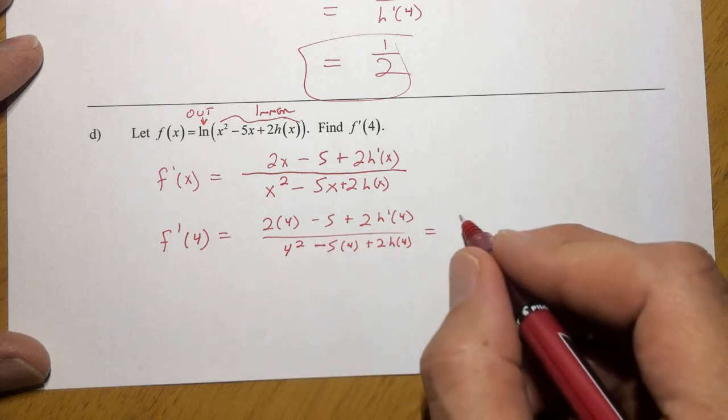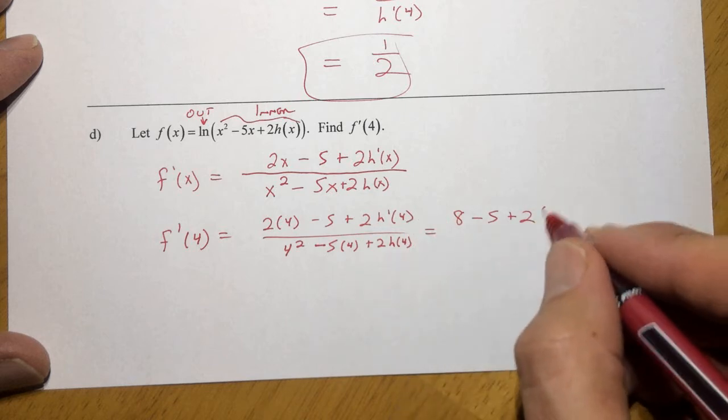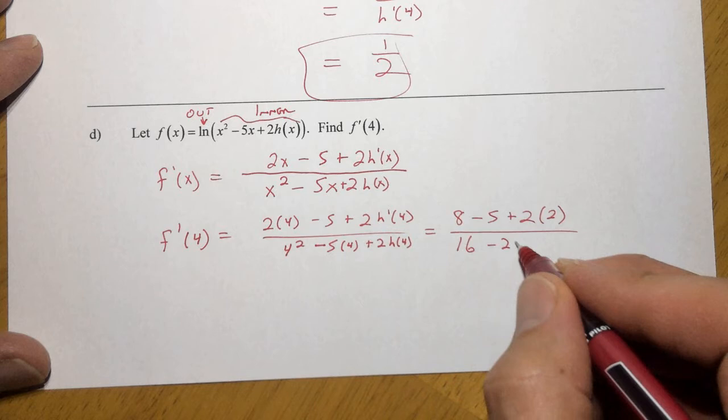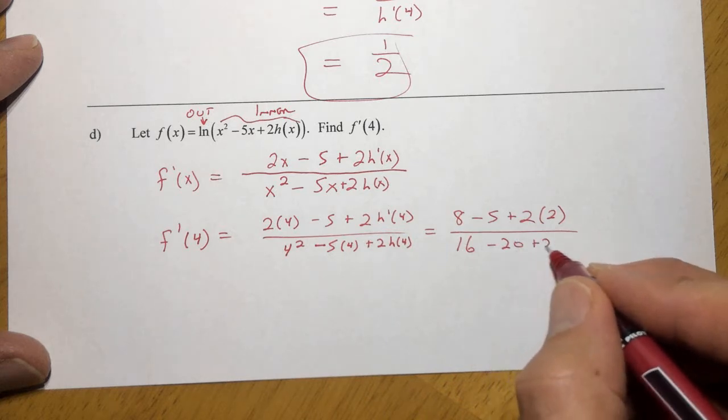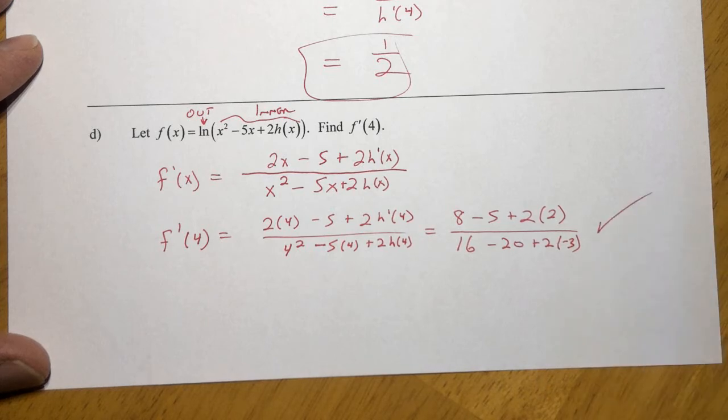Well, we'll simplify anyways. We got 8 minus 5 plus twice h prime of 4 up top is 2. And then down below, 16 minus 20, and then plus 2 times h of 4, which is negative 3. And again, this is okay. If you want to go further, that's fine. Just make sure that you do everything correctly.